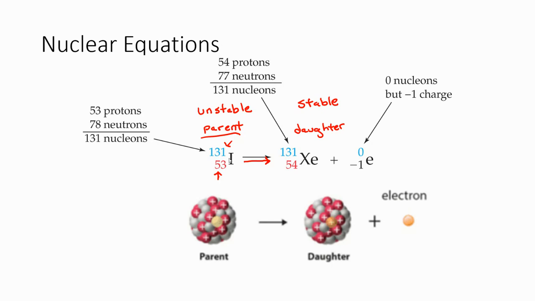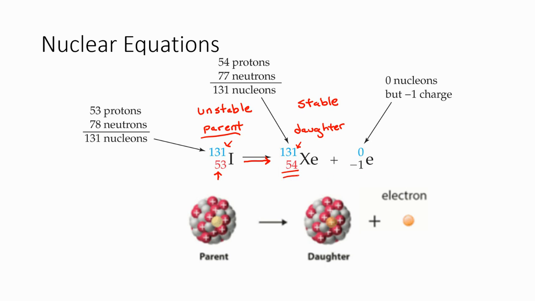On the right side of the arrow, we have our daughter nuclei and another particle, in this case, an electron. What we see on the right side is that we have a daughter with an extra proton, but the mass number hasn't changed at all. And in total, the right side has to balance out with the left. And so what you'll see is something like this.